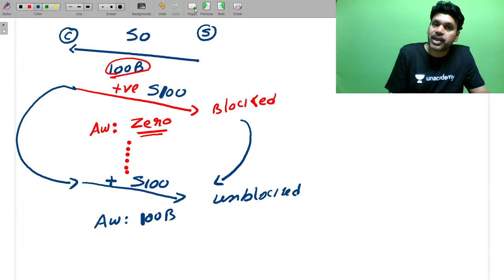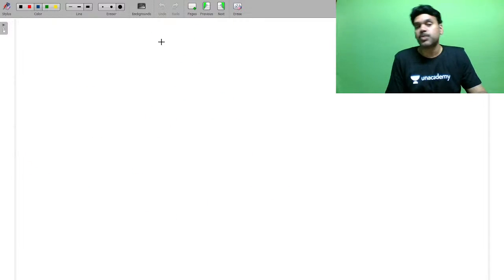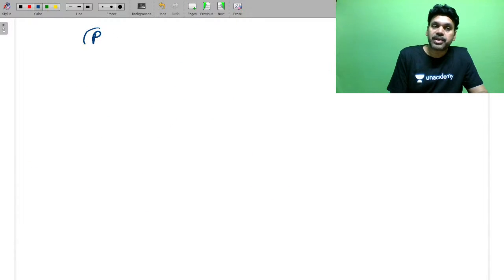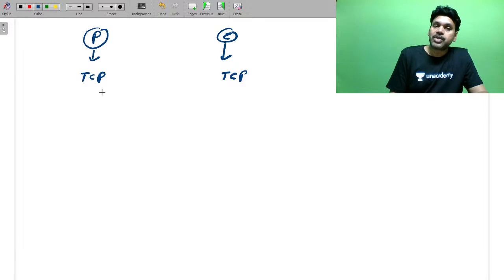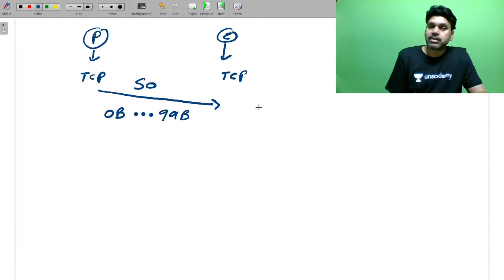Now here there is one important situation I want to explain. Producer and consumer are nothing but the sender TCP module and the receiver TCP module. The producer sends segment 0, which consists of 99 bytes, but the consumer has not consumed them, because the application layer of the consumer is very slow.